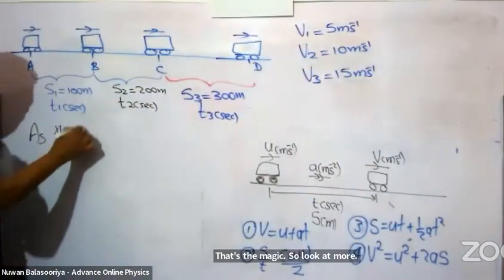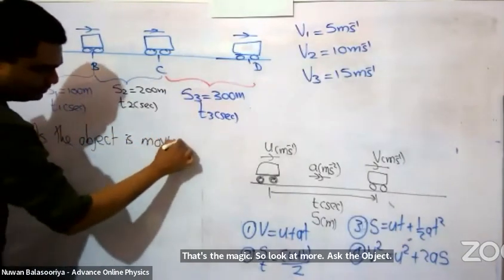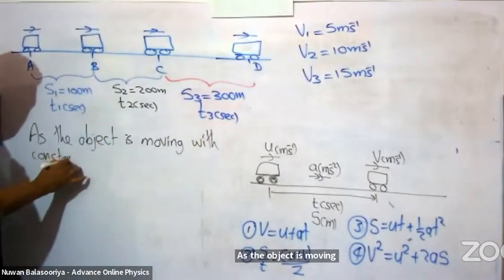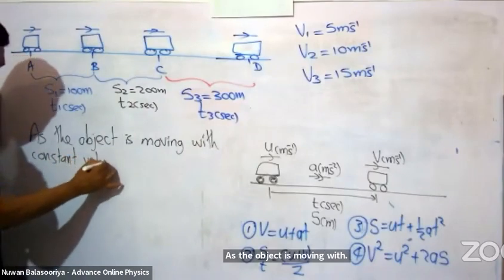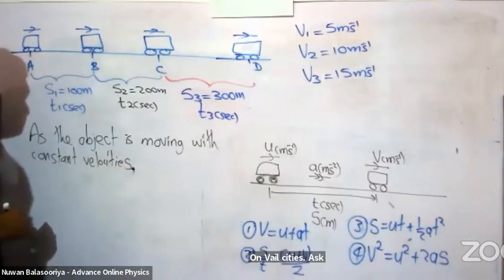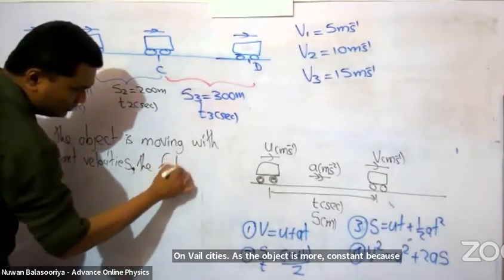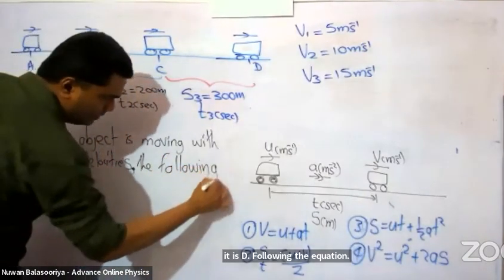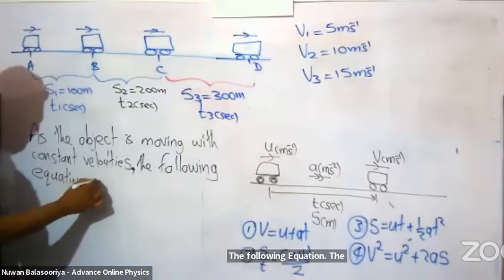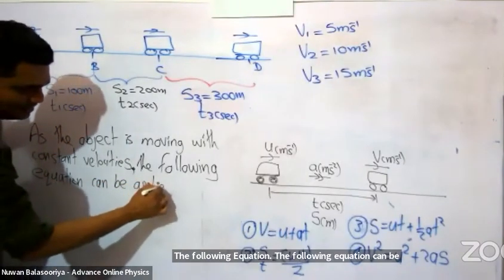So look at the board here. As the object is moving with constant velocities, the following equation can be applied, right?